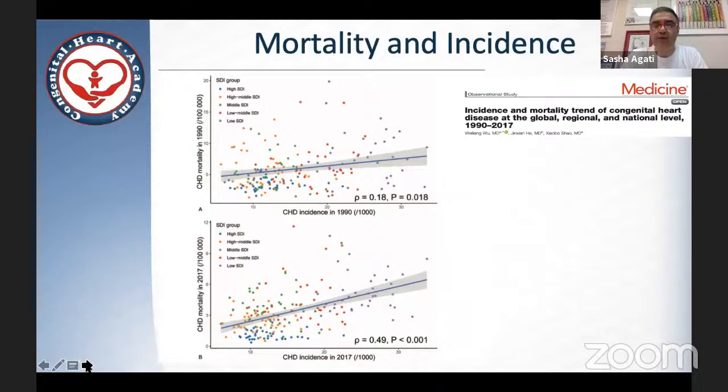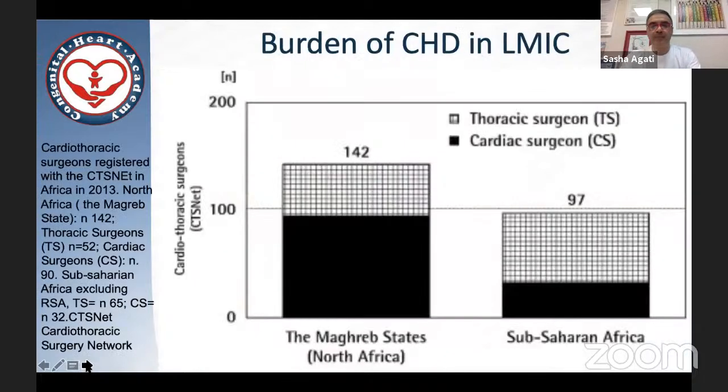We can see how during these two huge periods, we see an increasing number of congenital heart disease, and an increase in mortality, probably because, again, we see a huge increase in the number of live newborns in this part of the world.